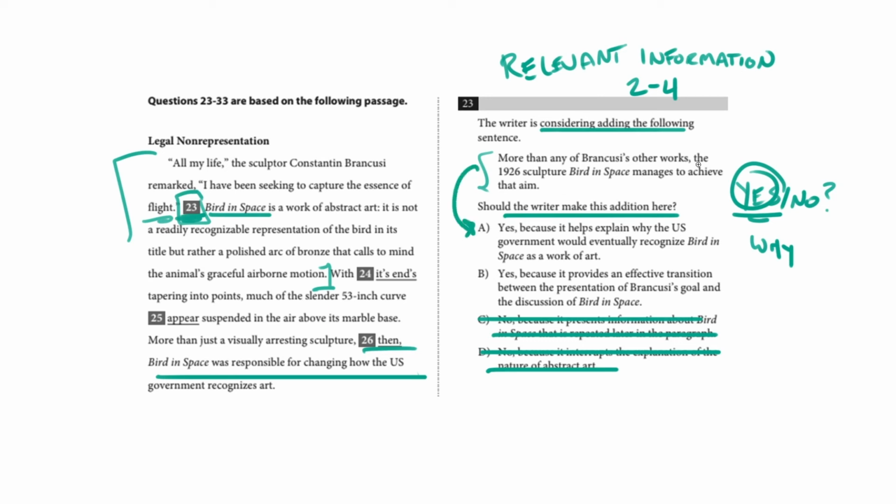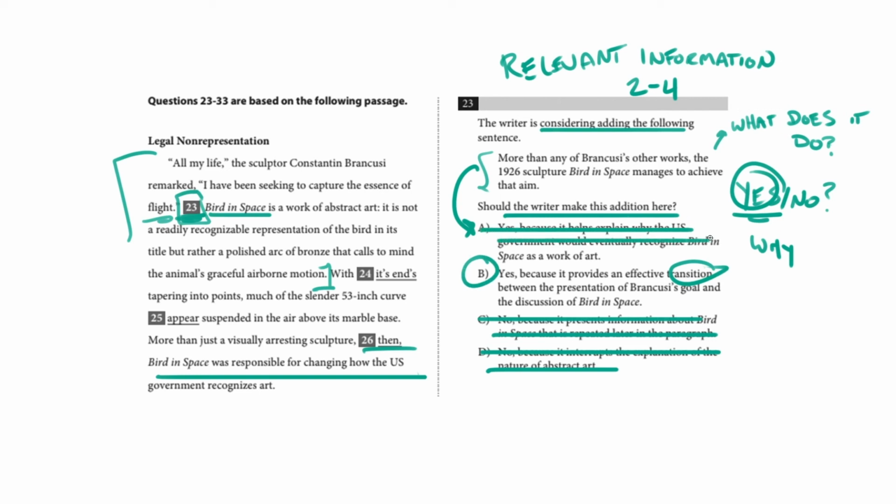Ask yourself, when you're looking at the addition, what does this sentence do? And earlier, I said it introduces the idea of the statue. So let's look at choice B. Yes, it should be inserted because it provides an effective transition between the presentation of Brancusi's goal and the discussion of Bird in Space. And this, the word transition, is very similar to my notion that it introduces the idea of the sculpture. So I'm going to say B is our answer.